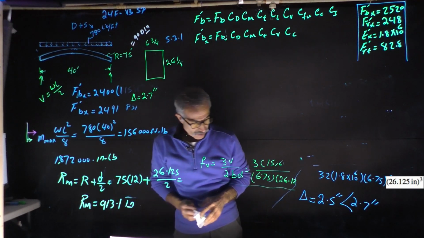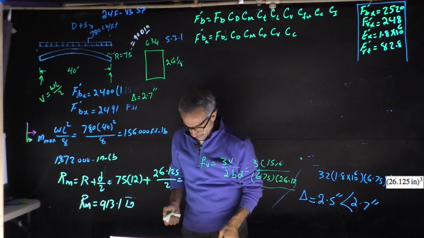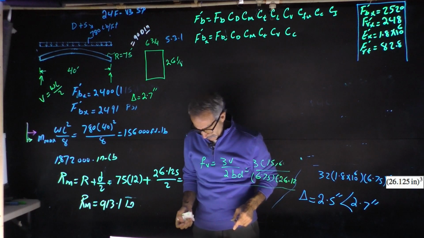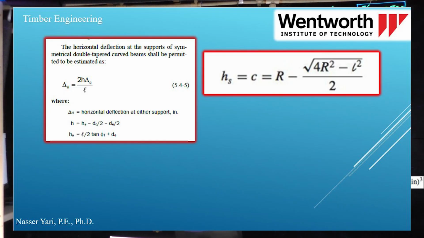I'll give you some recommendations where they come from, and we can go ahead and calculate this horizontal displacement. First, it's given by this equation: delta H is equal to 2H delta C, and divide that by L.